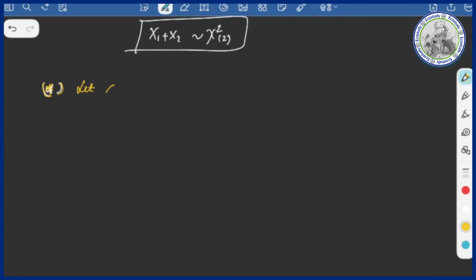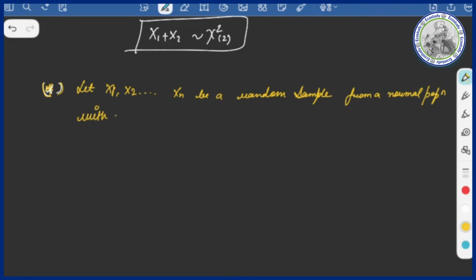What does it say? Let x1, x2, ..., xn be a random sample from a normal population with mean mu and variance sigma square.